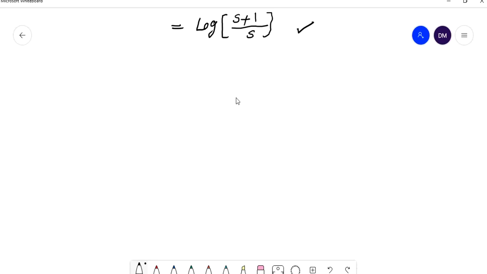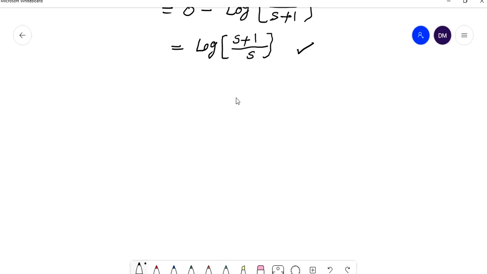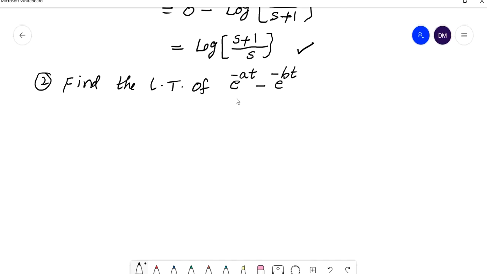Now moving to the second problem. The second problem is: find the Laplace transform of e power minus at minus e power minus bt by t.